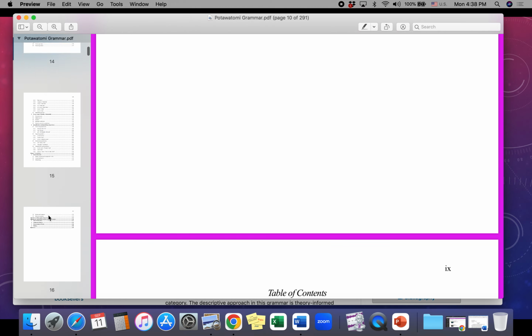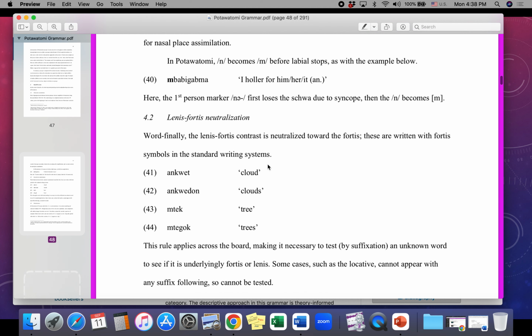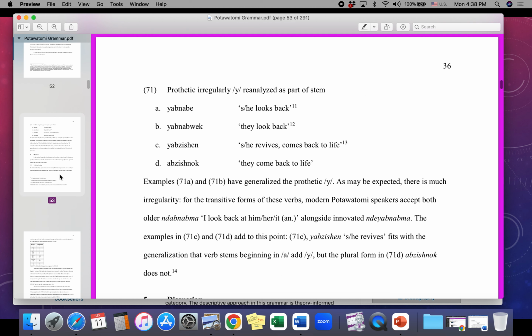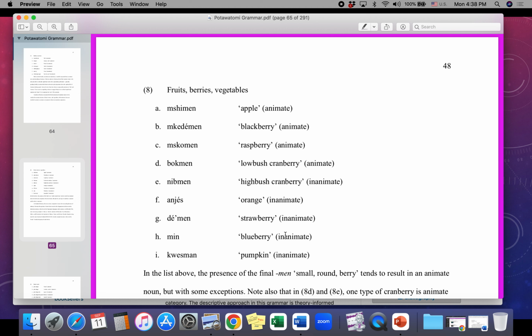And I'm scrolling here because I want to show you that it's full of examples. Here's when you have the ya sound, and they're showing words that have the ya sound in the language. Down here they're talking about animate versus inanimate nouns.